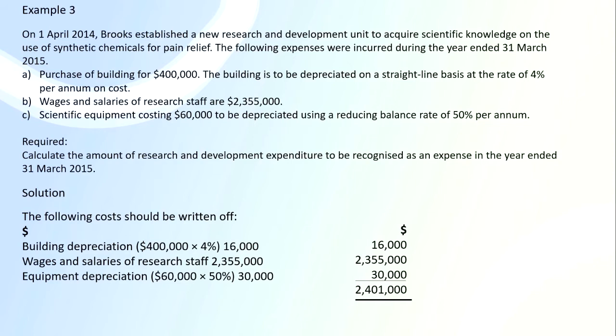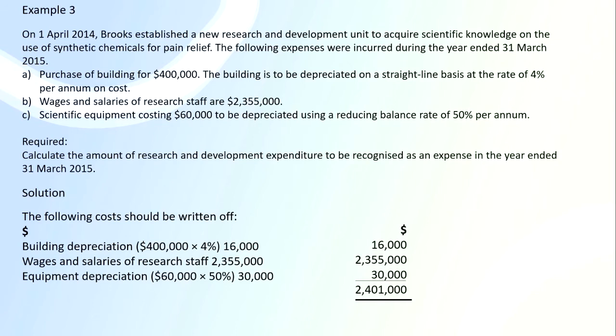Brooks has established a new research and development unit. The company has purchased a building for 400,000. The cost of purchase of the building, 400,000, is a tangible non-current asset cost.